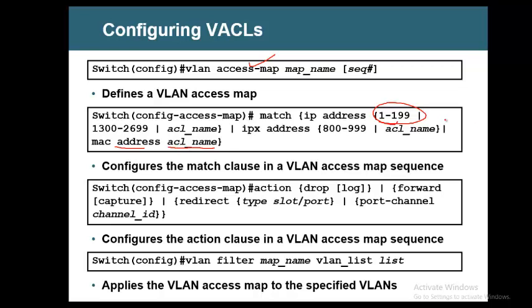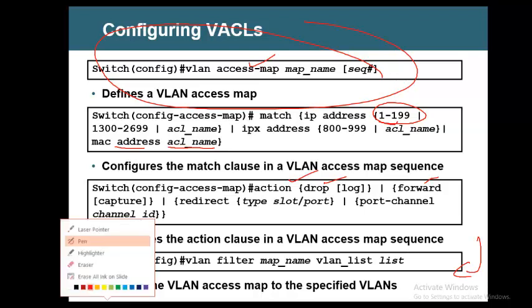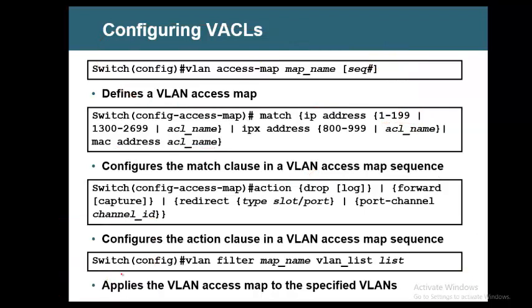Anyone, you call any one of this, and then take action. What to do? Drop or forward. That's the mostly used actions. And then you need to say for which VLAN you are writing this in this statement. That's all. Right? Later, in this class or next class, we'll do this lab.